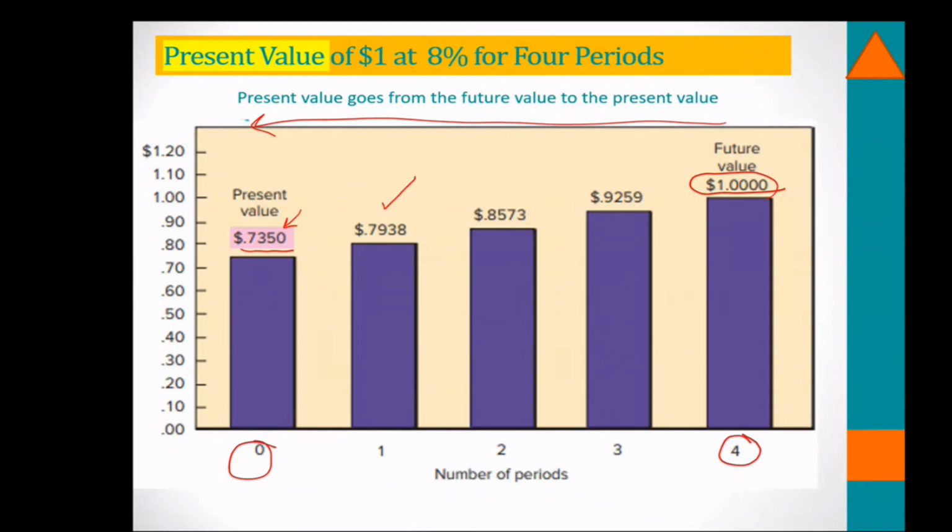We do the same exercise as simple interest, multiply by the rate and add the value, and here it's the same. After 4 years, I'll find it will be $1. There is a table that gives me the present value directly. If I want $10,000, how much do I invest today? It will give me directly the present value. So I put it in the bank, and after some time I'll get this fixed amount.